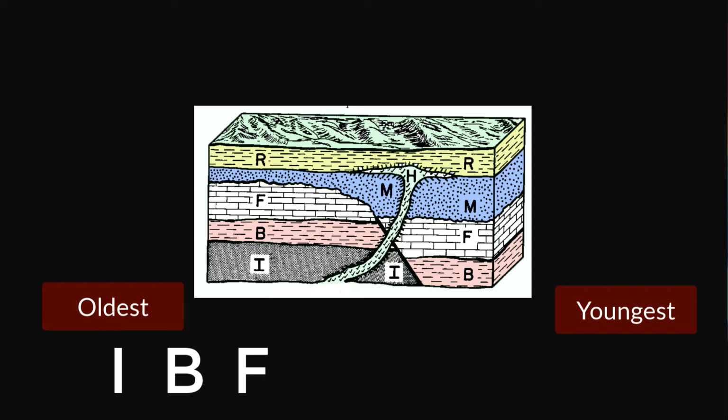Once we see that erosion has taken place, we have to stop and evaluate what will happen next. We have two options going after F. We either have the fault that has occurred or we have layer M. So we know that the fault happened after layer F was deposited because layer F has been affected by the fault, but M has not.